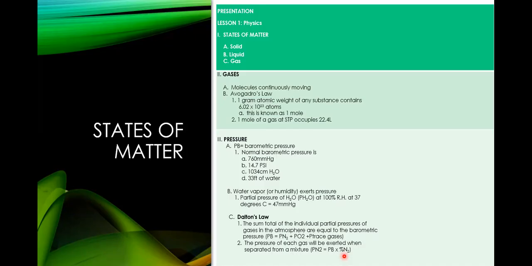That's how much pressure that oxygen exerts in the atmosphere. It's 21% of the atmosphere, but it exerts 159 millimeters of mercury. And nitrogen exerts 593 millimeters of mercury, so nitrogen is way more than oxygen. And you can do the same thing for the rest of them.